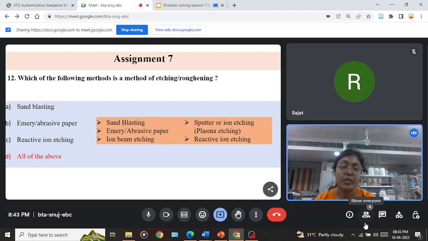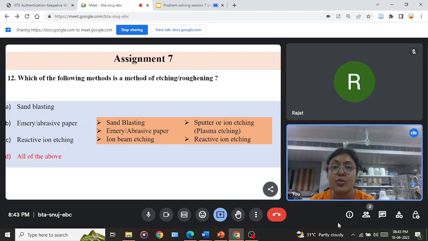Etching or roughening, other than these three options, can also use ion beam etching or sputter etching or ion etching, that is plasma etching, right?